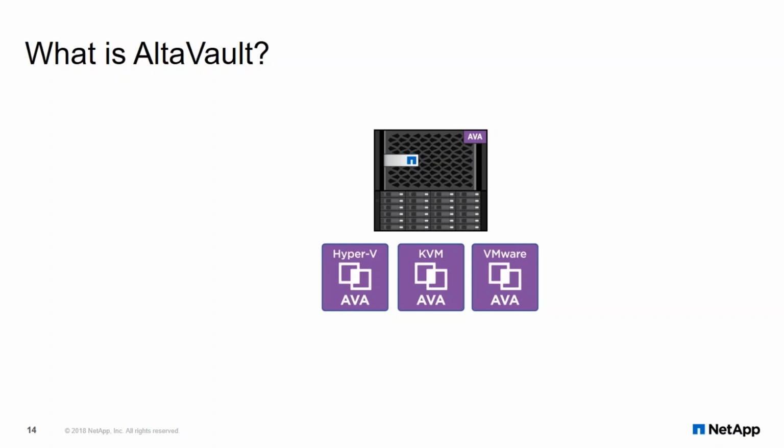An AltaVault at its core is a NAS storage appliance that has cloud integrated connectivity to move your backup and archive workloads out to a public cloud. The concept here is that we are addressing a lot of the issues that Mike spoke about previously regarding the problems that customers have with protecting data as data requirements grow and compliance and regulatory requirements continue to press the amount of data that you have to hold on to for a number of years.